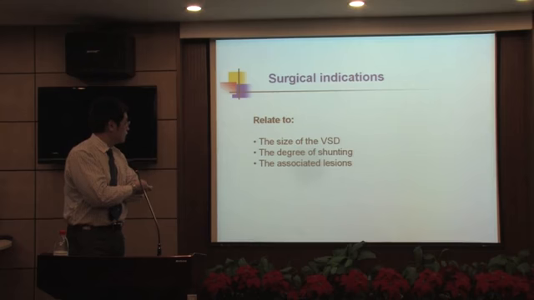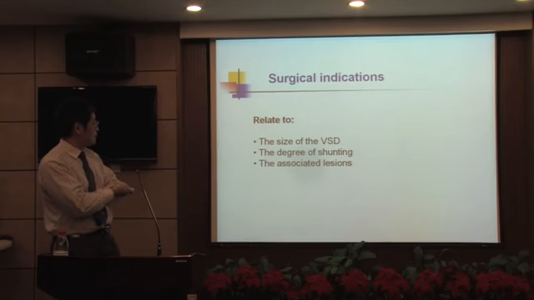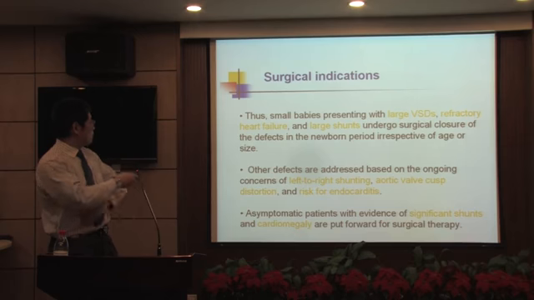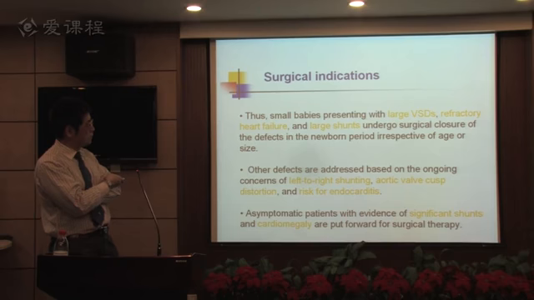Surgical indication for VSD relates to the size of the VSD, the degree of shunting, and the associated lesions. Small babies presenting with large VSDs, refractory heart failure, and heavy shunts undergo surgical closure of the defects in the newborn period, irrespective of age or size.